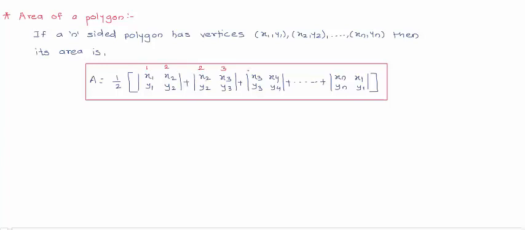So you go on making small two-order determinants with two vertices, then third vertex, fourth vertex. Now the thing to remember is that after the nth vertex you should have the first vertex. So you should start from the first vertex and end on the first vertex. Then the formula is complete. And as you all know, 2 by 2 determinants are very simple to calculate. So this is a very effective formula.